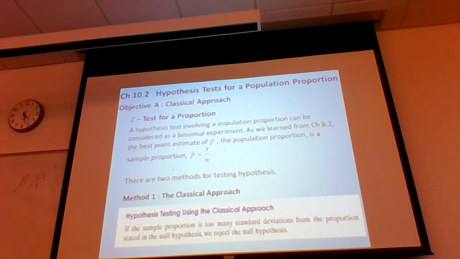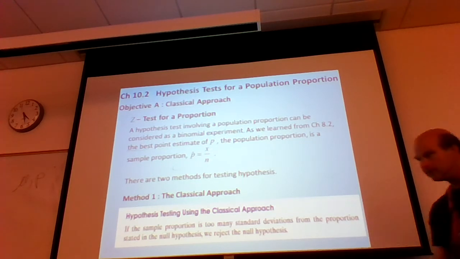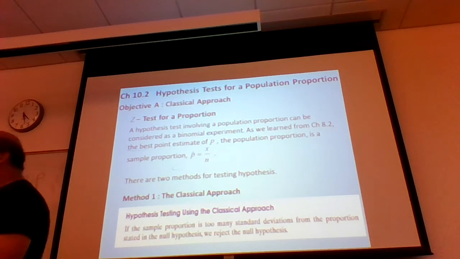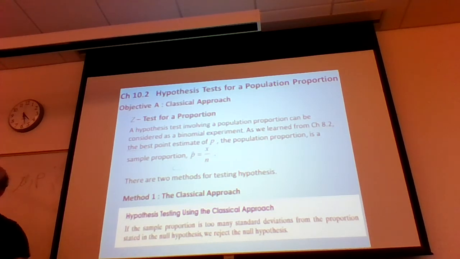That'll make even more sense in a minute. There are a few more diagrams coming up that will be clearer. If the z-value from the sample is larger than the z-value associated with the null hypothesis value, you reject the null hypothesis. Otherwise, you don't.